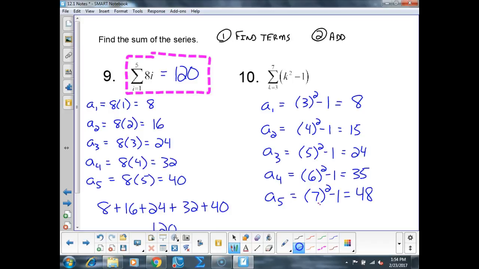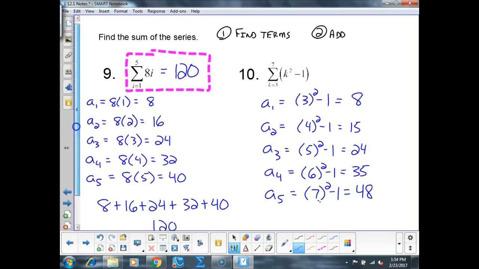If you wrote this as a sub 3 equals 8, that's saying the third term of this series is 8. But it's not. The third term of this series is 24. It takes a little bit of logic, but it's not that bad.